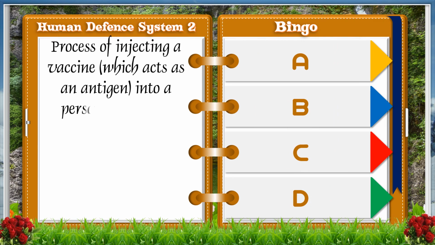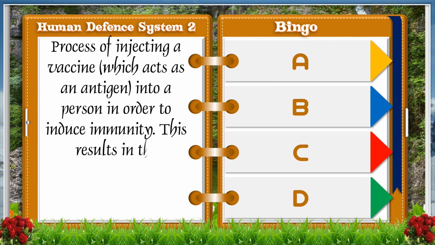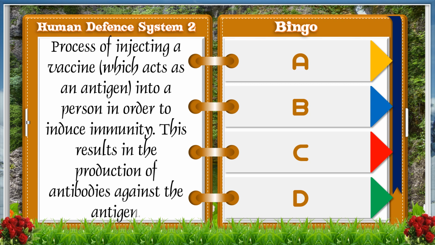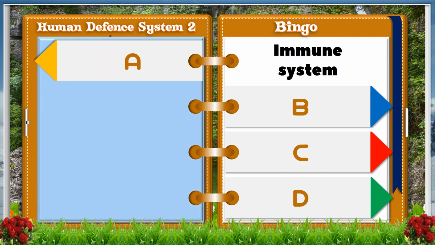Process of injecting a vaccine, which acts as an antigen, into a person in order to induce immunity. This results in the production of antibodies against the antigen. A. Immune system.